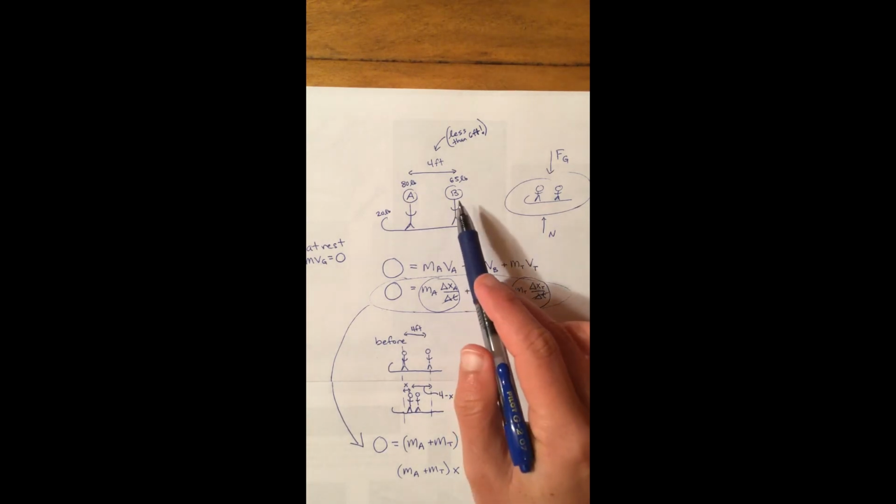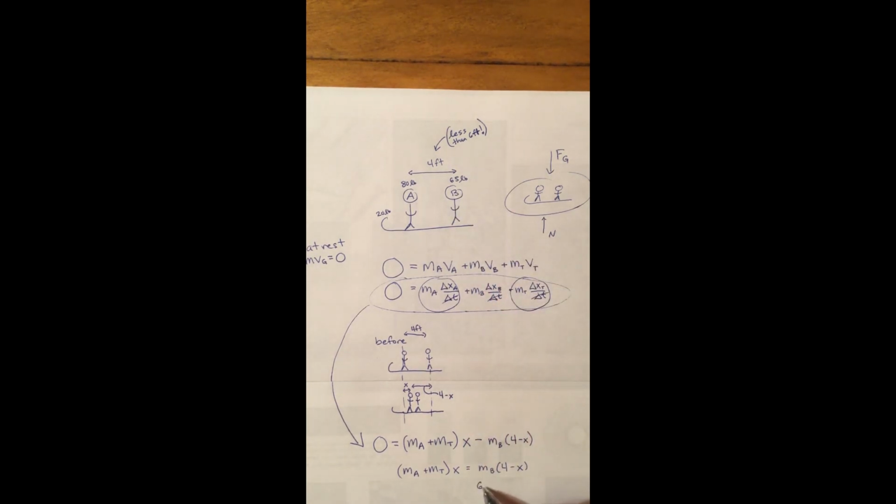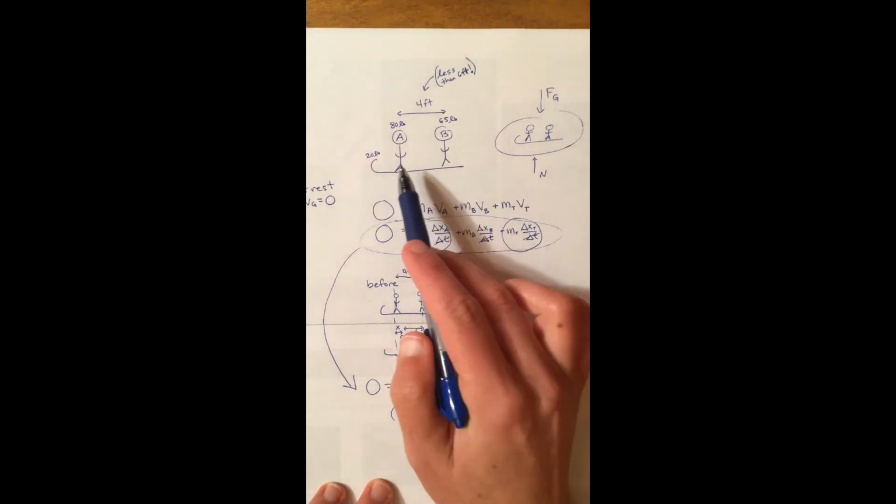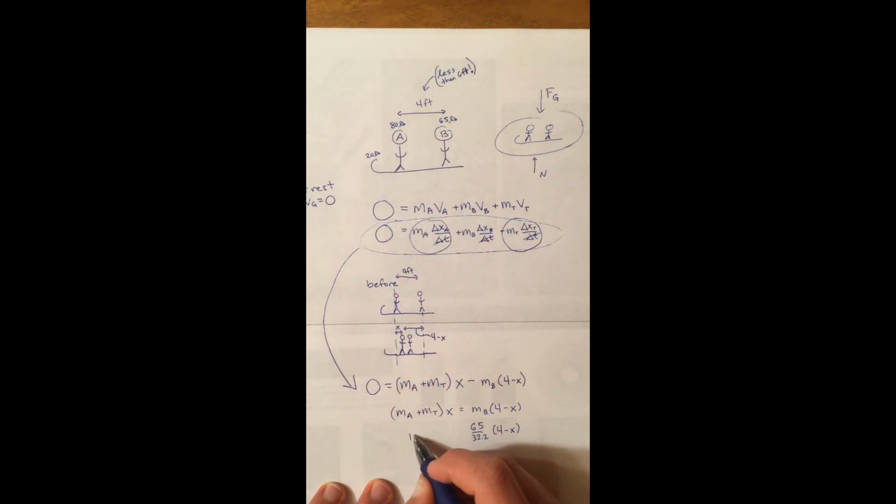Person B has a weight of 65 pounds, so this would be 65 divided by 32.2, times 4 minus x. And person A and the toboggan together have a weight of 100, so a mass of 100 divided by 32.2, times x. We have a 32.2 in the denominator on both sides, so we can cancel that out.